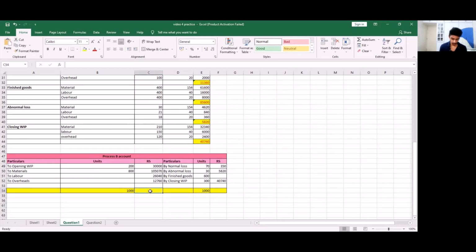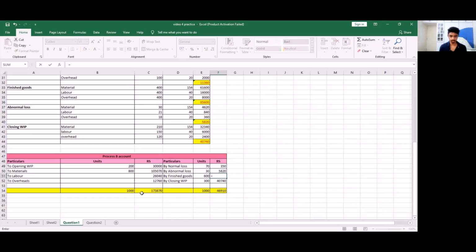Next, for our amounts column, we have a sum of 1,73,870 on our debit side. And on our credit side, our sum is 46,910. So the difference will be our amount for finished goods.